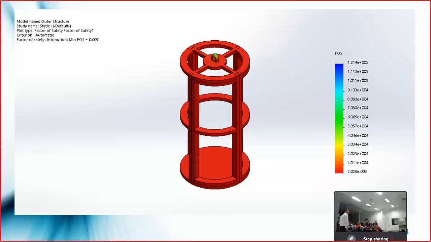We have this structure that we have to produce, a small structure for the Iran competition. If we look at the stresses on the body, we will find that everything is at the lowest value, and the factor of safety is very good, until we reach the ring on the top, which is here.